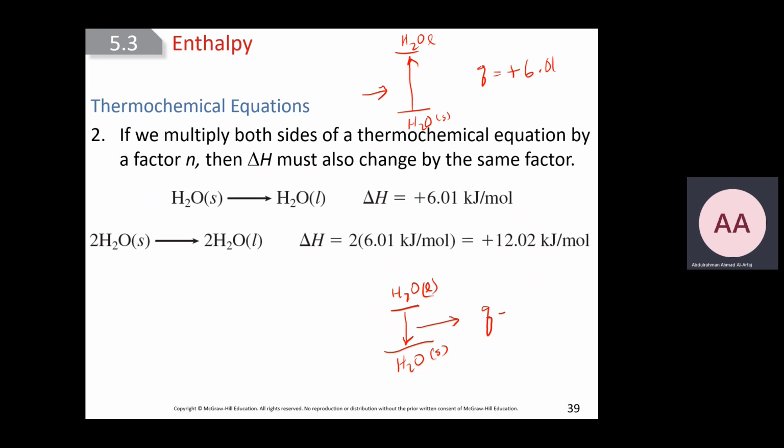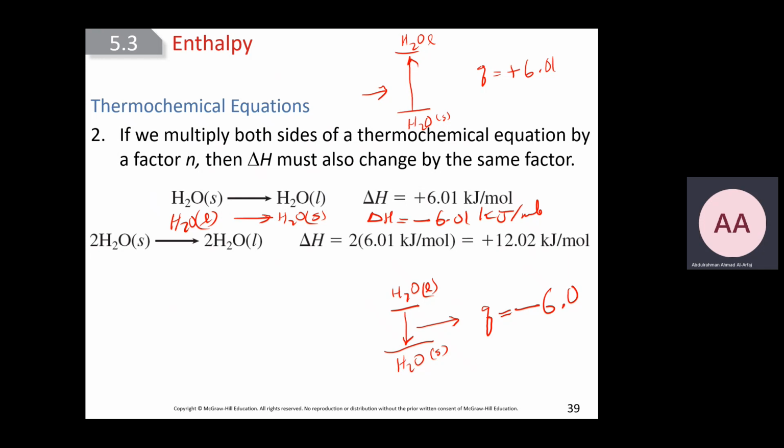So the Q will be exactly the same value with a negative sign. That's why if you reverse any reaction, you're going to reverse the sign of the delta H. This means H2O liquid goes to H2O solid, and the delta H will be exactly equal to minus 6.01 kilojoule per mole.